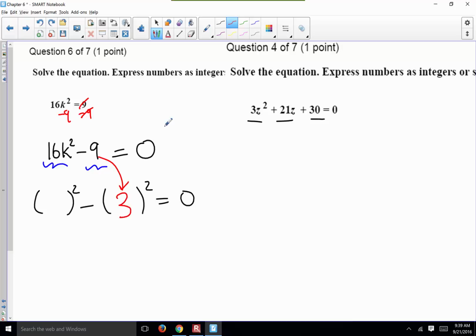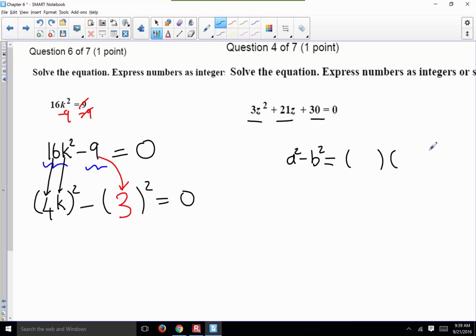So make this 3. What number or expression here, 1 squared makes 16k squared? 4k. So k is coming as it is. 16 needs to be converted into 4, because when I multiply 4 times 4 it makes 16. And again, this is the square difference formula from 6.5.